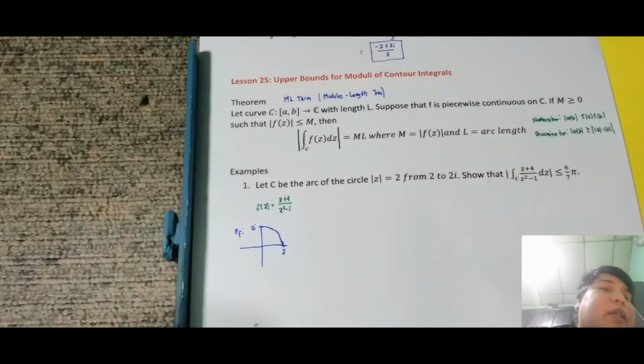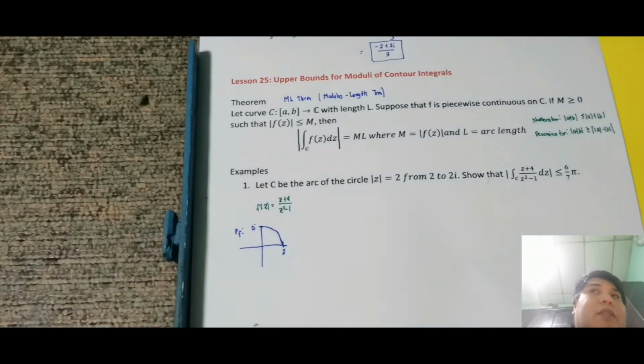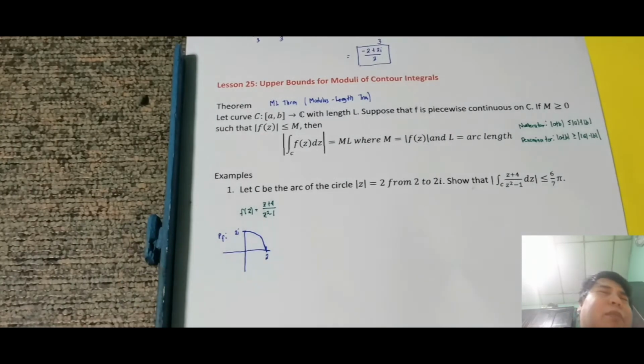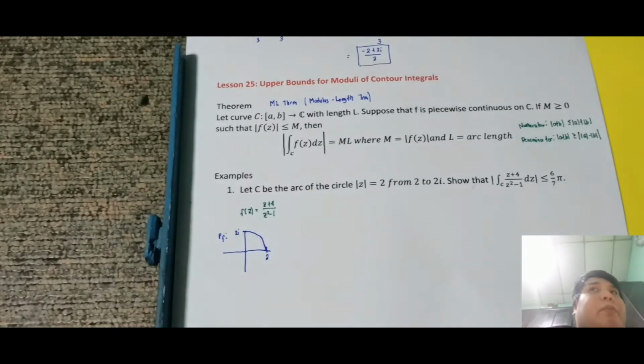Yung area, sorry, isipin ko yung value. Tama nga, tama yung isip ko. So dito ko lang, yung circumference hindi area kasi arc length yung hinahanap. Yung circumference ng circle na may radius 2 is 4 pi.